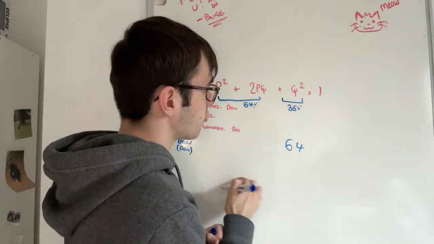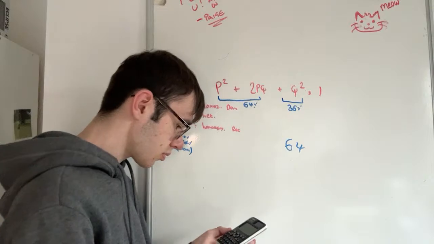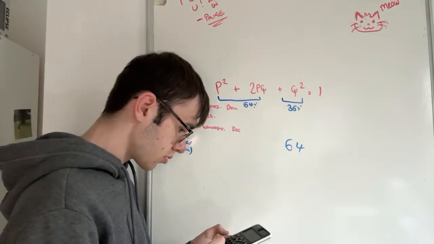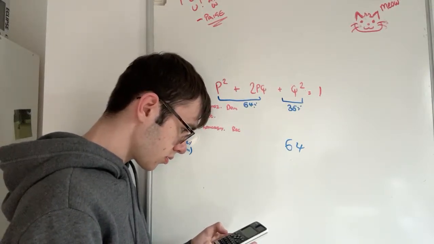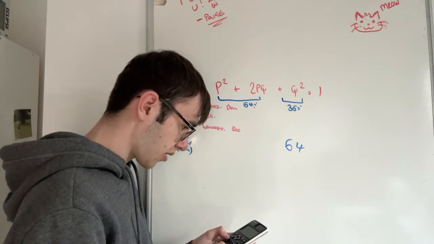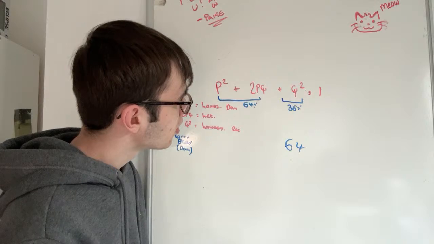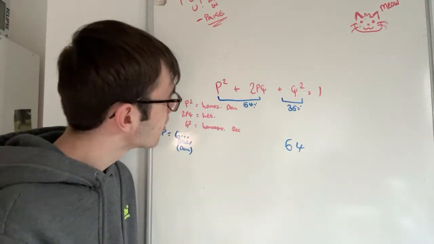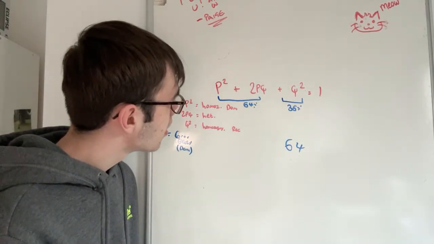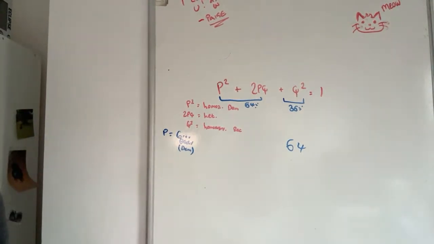Do you divide by 2 and then square root? No, because that gives you 5.65. What am I missing? I have to be missing something.